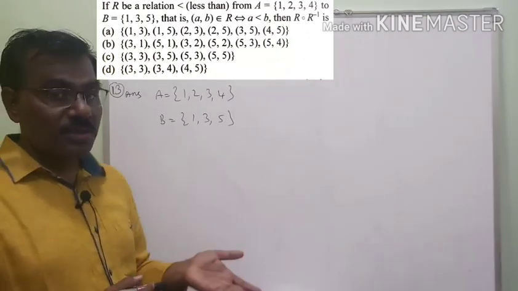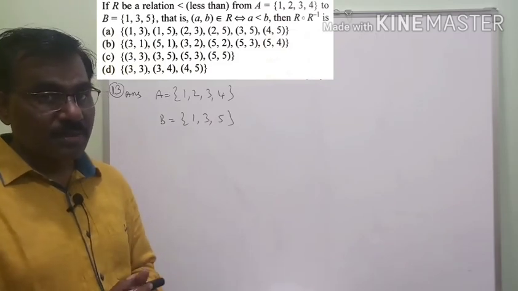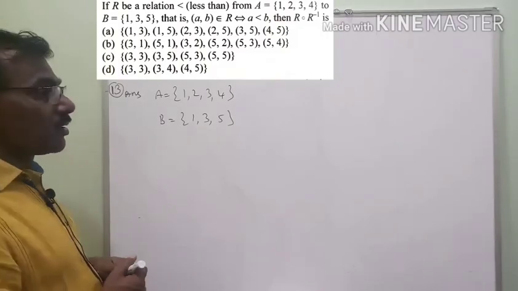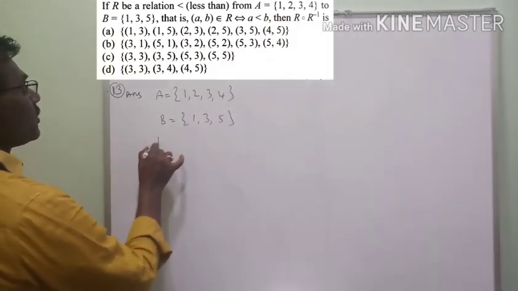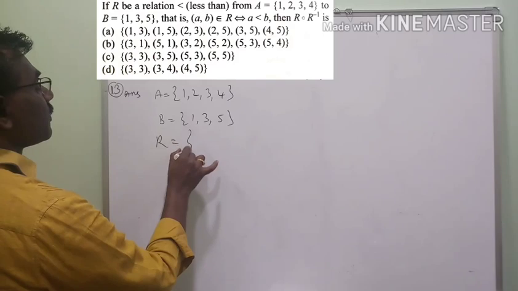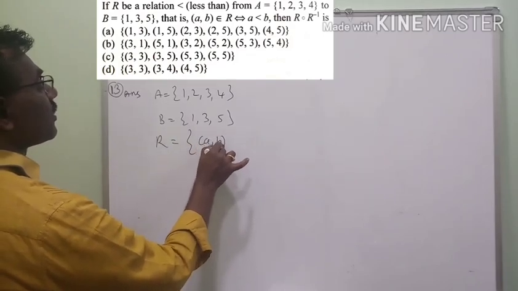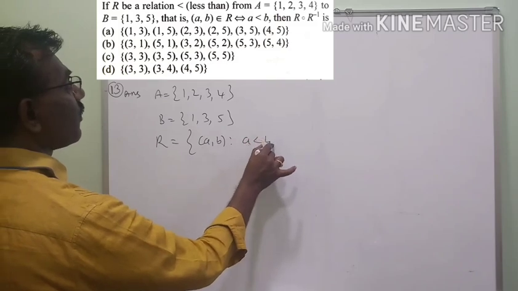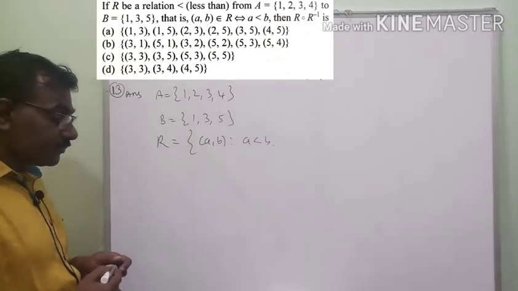First you can write the relation, then the inverse relation: A comma B, and B comma A is the inverse relation. So what is the relation? R is equal to A comma B such that A is less than B.